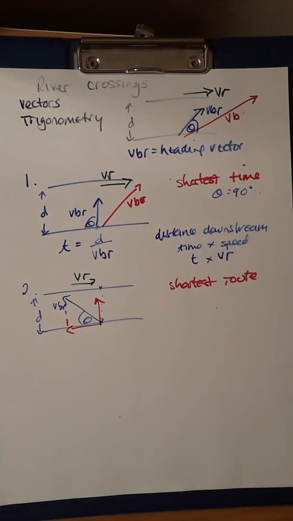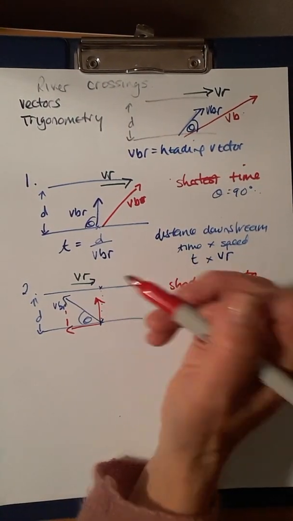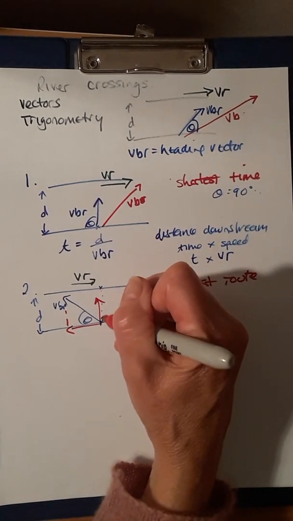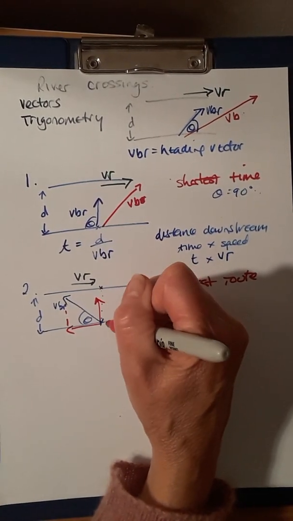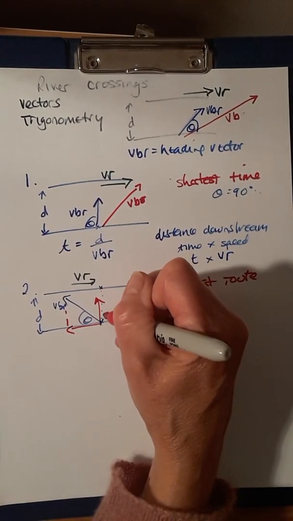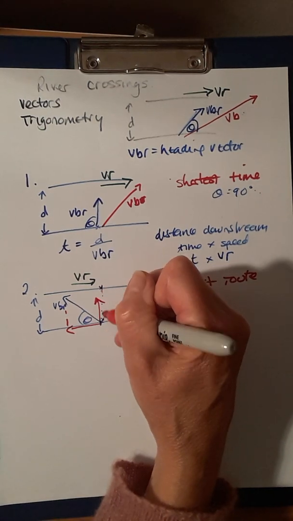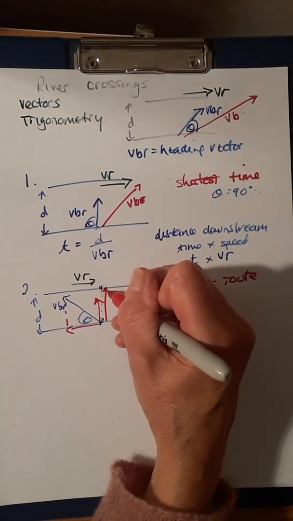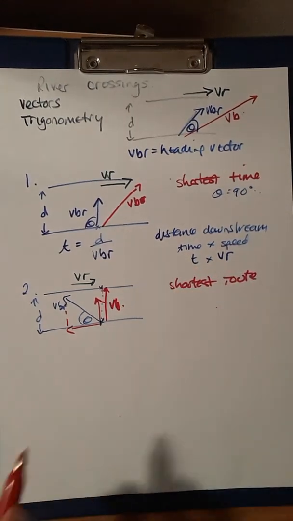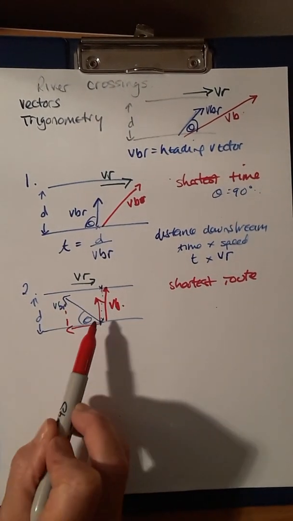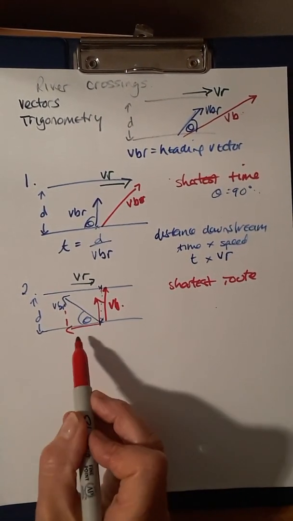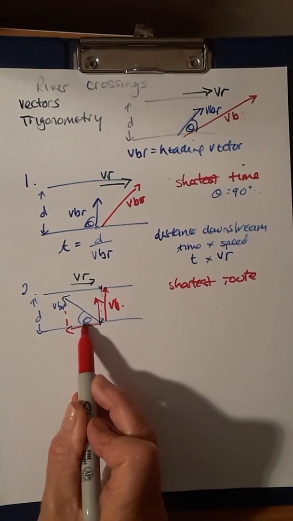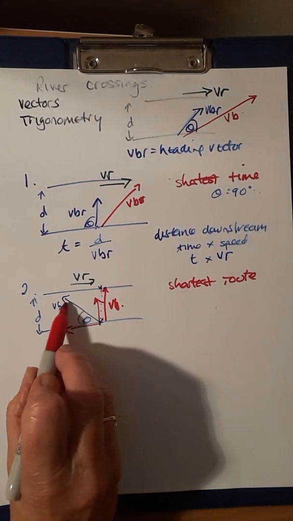Okay. Now I'm crossing by the shortest route, so this is where I want to end up. So this is my VB here. That's going to be my VB. Now when I break this blue line into its two components, this one is adjacent to the angle. The VBR is the hypotenuse.